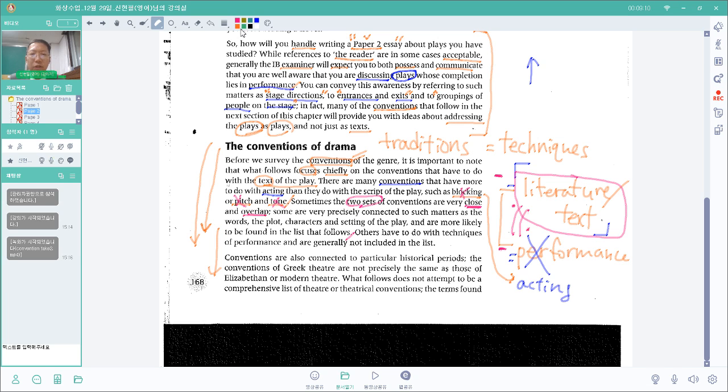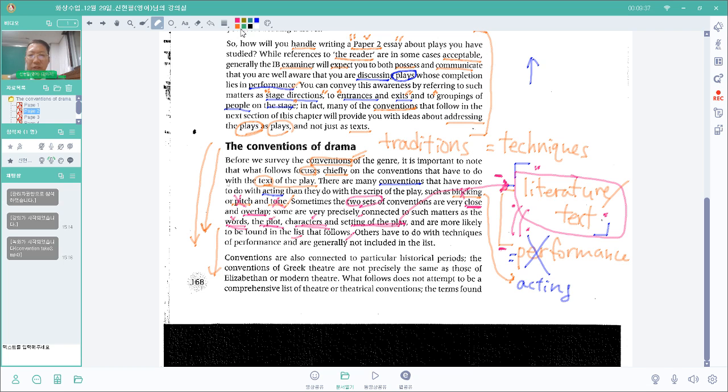And some techniques are very precisely connected to such matters as literature technique, such as the words, plot, characters, and setting of the play. So techniques relating to words, plot, and characters and setting of a play are connected to literature and text technique, and we will be more focused on this side of technique.